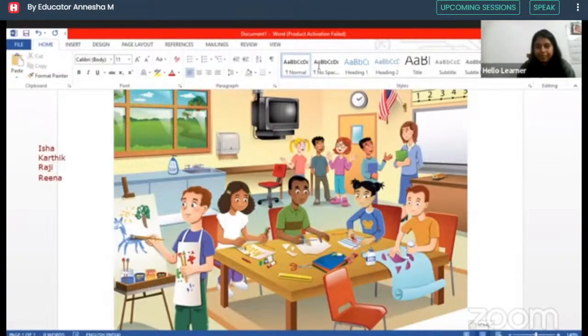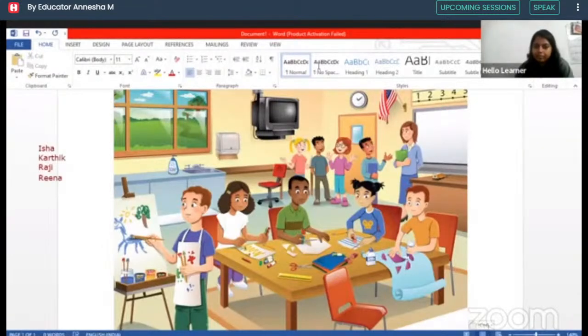This is an art class. The boy is wearing an apron and painting. It looks very good. And all are looking like a group discussion. They are enjoying with each other. One is painting, another is gossiping with two girls. The two girls are surprised to see each other.